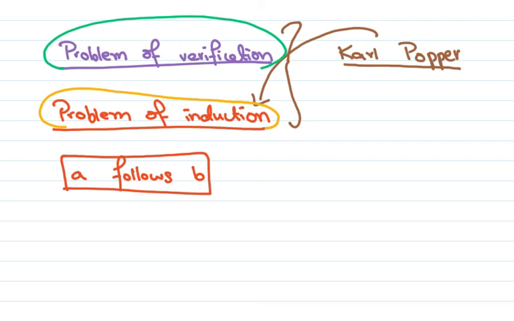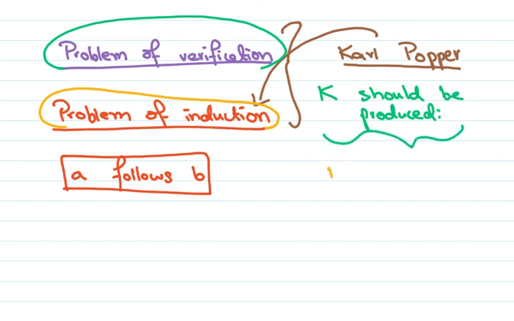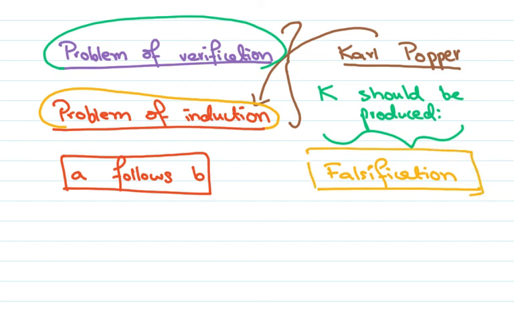Knowledge, according to Karl Popper, should be produced through the process not of verification but of falsification. And so instead of verification, we get falsification, and instead of induction, we get deduction, right? And that is how Karl Popper circumvents these two problems that we saw in the earlier epistemologies.